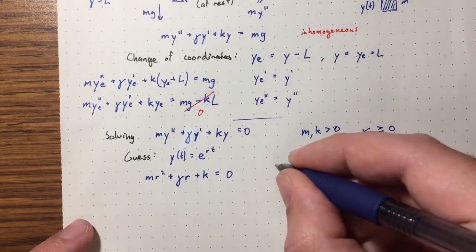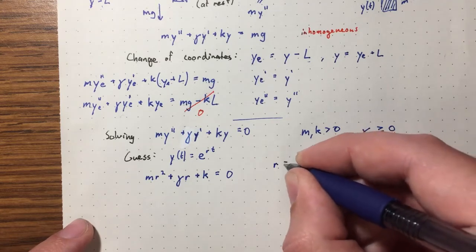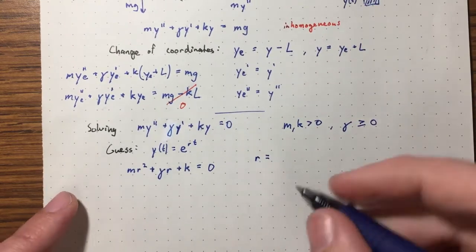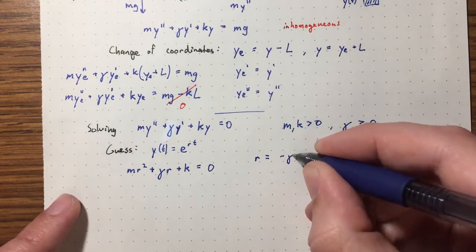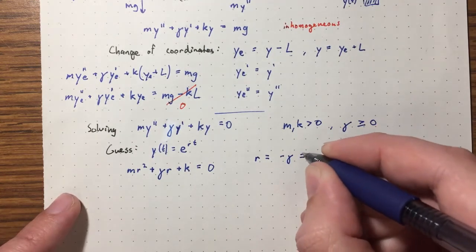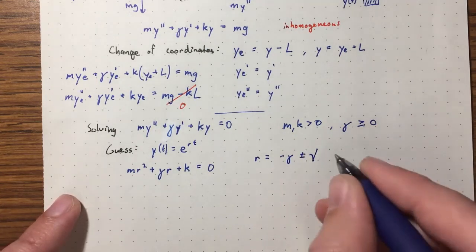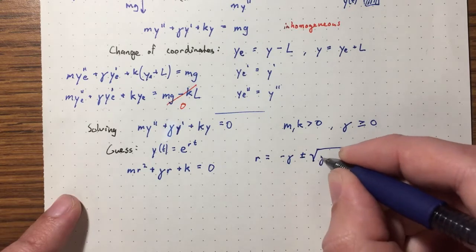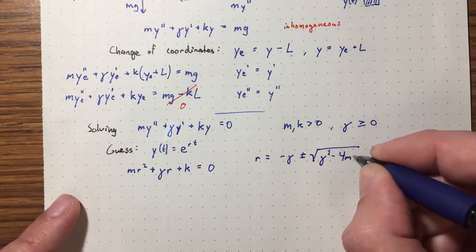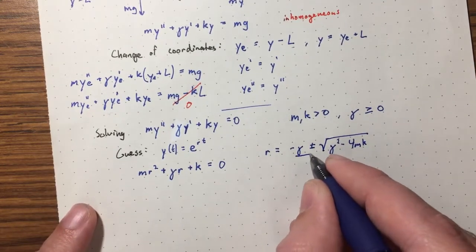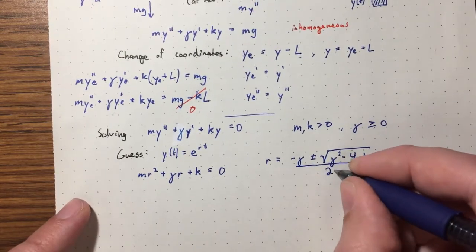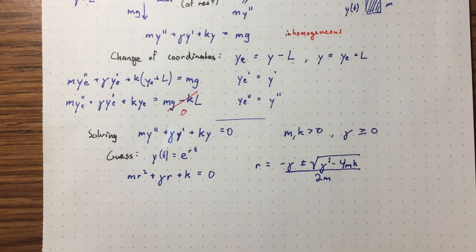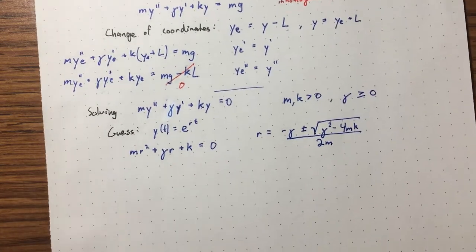And what are the solutions? Well, let's use the quadratic formula. So it's negative gamma plus or minus the square root of gamma squared minus 4mk over 2m, just using the quadratic formula there.